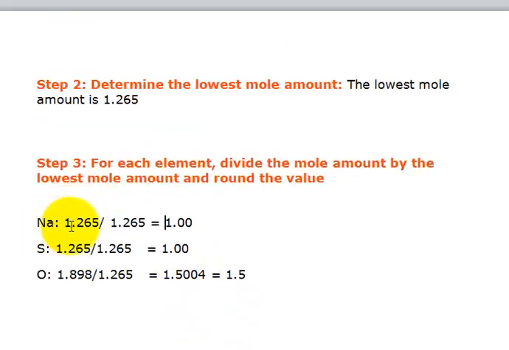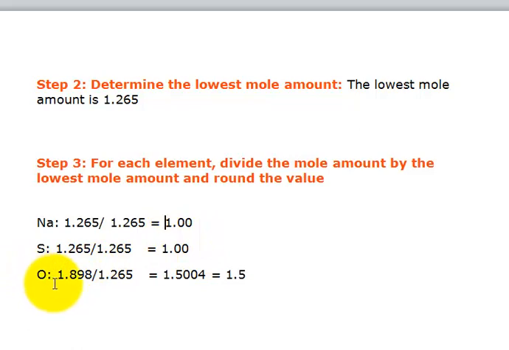So for sodium we need to divide 1.265 by the lowest mole amount, which is 1.265, and the value is 1.00. For sulfur we need to divide the mole amount, which is 1.265, by the lowest mole amount, which is 1.265, so the value is 1.00.